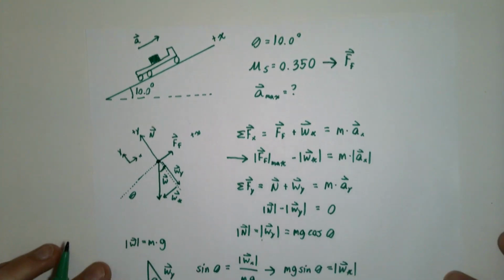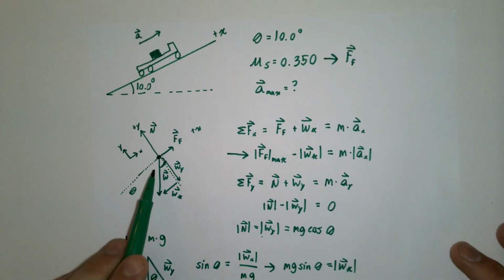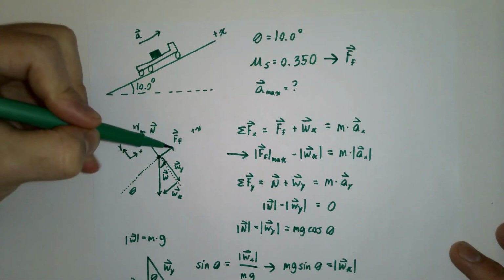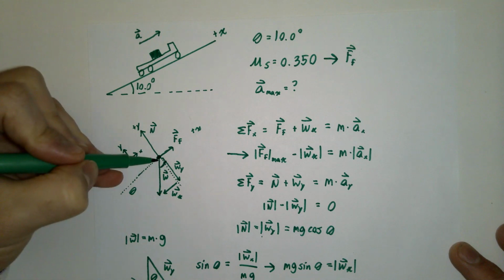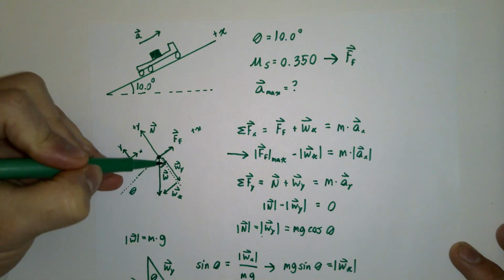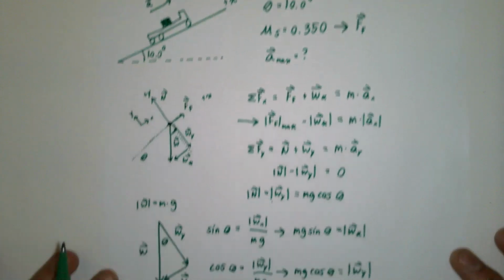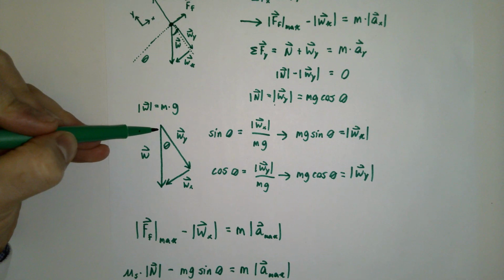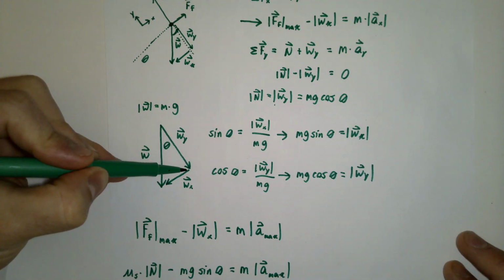Given that insight, we draw a free body diagram, tilting our axes to eliminate multiple components of the normal force and of the frictional force. The only thing we're left with is weight, which has two components. If we look more carefully at the components of that weight force, weight is down, here's the y projection, here's the x projection.